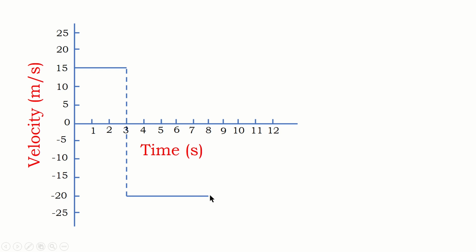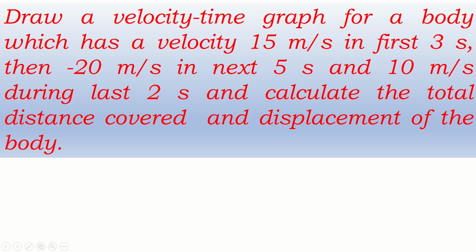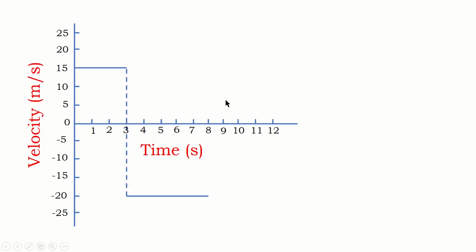Now again we have to see the numerical. The third piece of information is 10 meter per second during the last 2 seconds. In the last 2 seconds its velocity is 10 meter per second. 10 meter per second is here and we are at the position of 8 seconds, so we go up to this point with a dotted line.